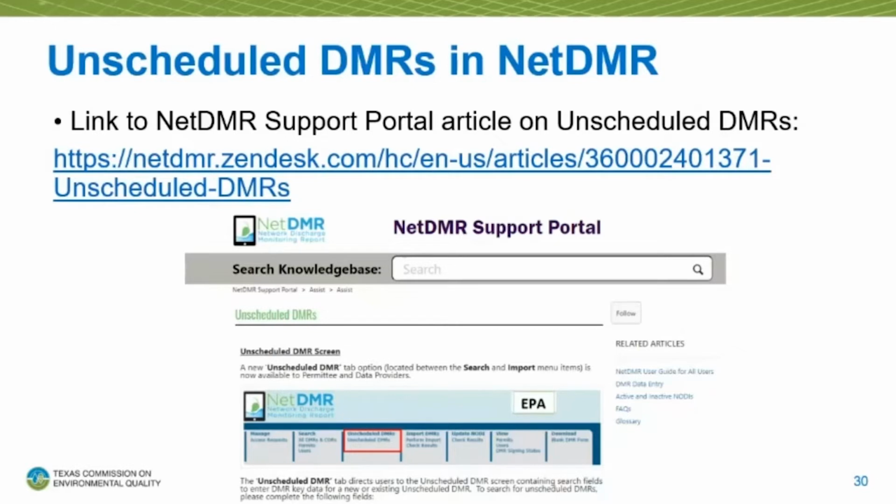So a lot of the monitoring is done in the unscheduled DMRs, and we know that that's going to be new for many of our permittees. So there's some great information available online to learn about the unscheduled DMRs at the support portal. There's a link available in the slides for you to go to it.